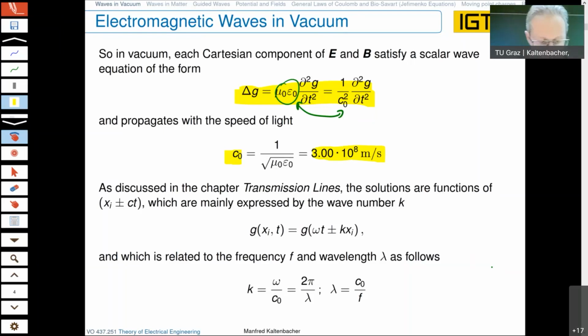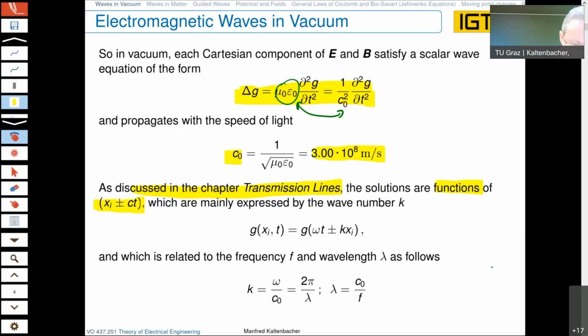And if we remember what we have discussed in the transmission line, we already know the general solution, and it can be expressed by a function of xi, which could be now with this index i, x, y, or z, plus minus ct, where c is the speed we have. In our case, c would be then exactly c0, just in a general case.